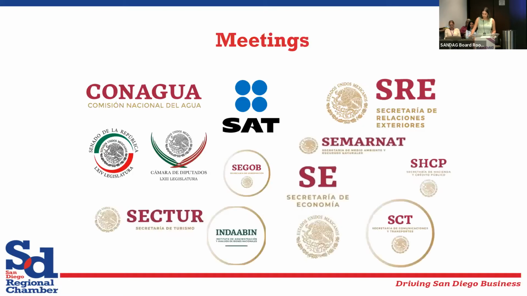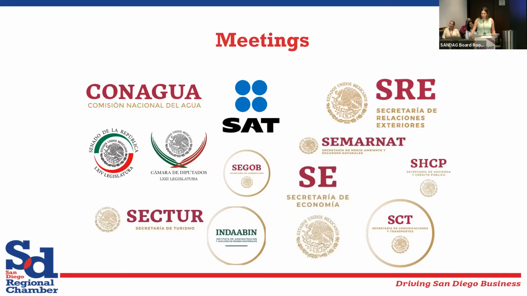Next slide, please. These are some of the federal agencies we have met with in the past and have reached out to request meetings with them to address our regional priorities and objectives. For example, in order to address border infrastructure and efficiencies like the cross-border trolley project that is being promoted by Cordova Corporation, we plan on meeting with both transportation and customs officials.